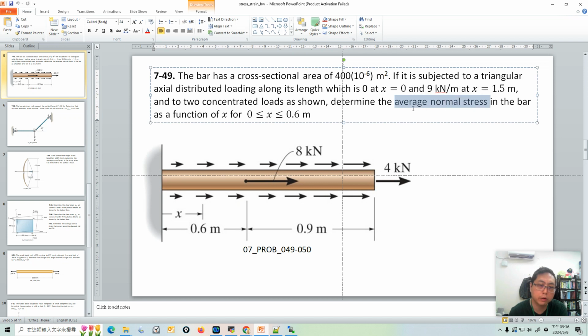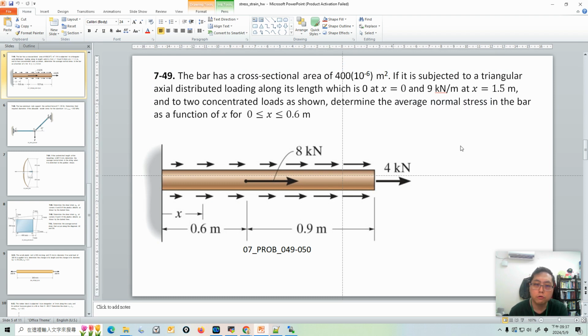So that's what this problem wants us to determine: the average normal stress. The normal stress is equal to the normal force divided by the cross-section area.